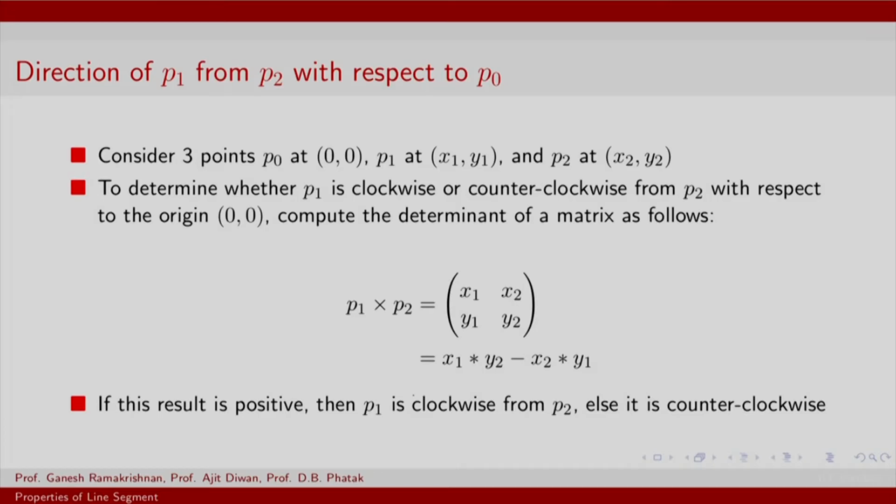Let us answer the first question, the direction of P1 from P2 with respect to P0. A very fundamental tool to answer this question is to look at the cross product. The cross product is depicted as P1 cross P2 and it is not commutative. So P1 cross P2 is not necessarily equal to P2 cross P1.